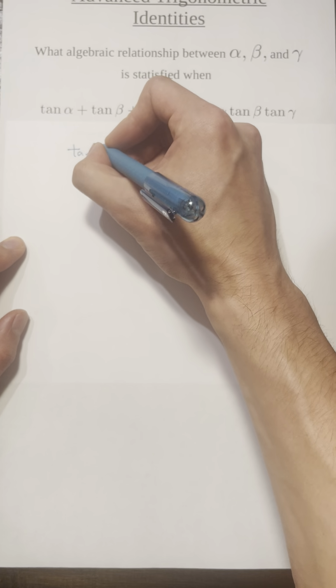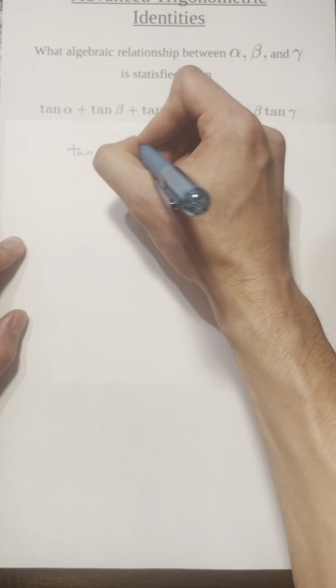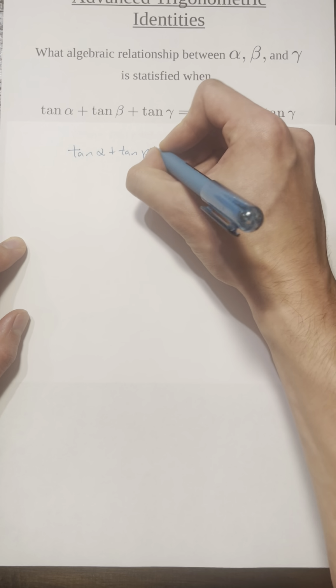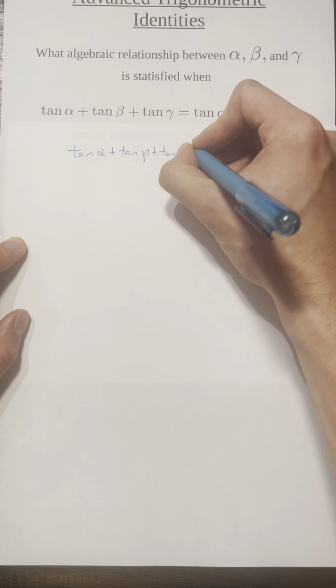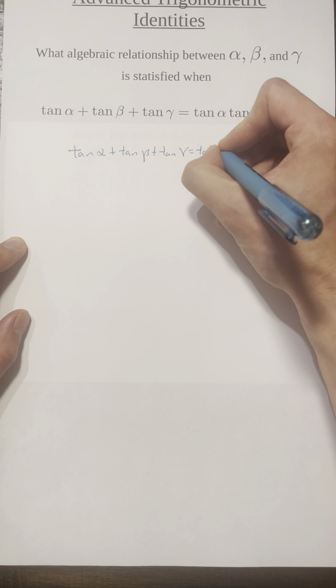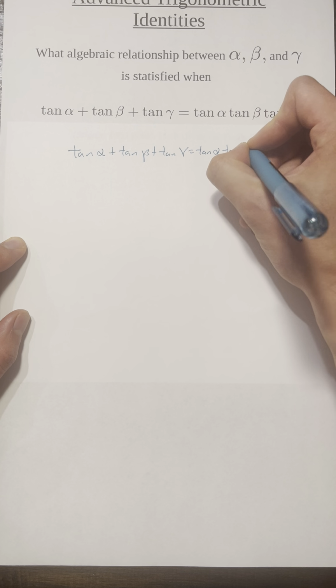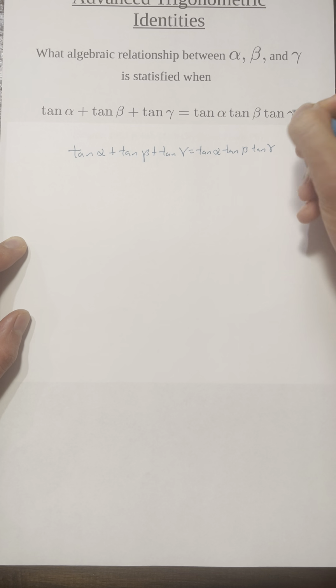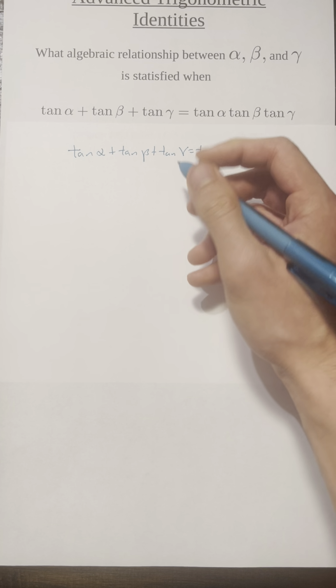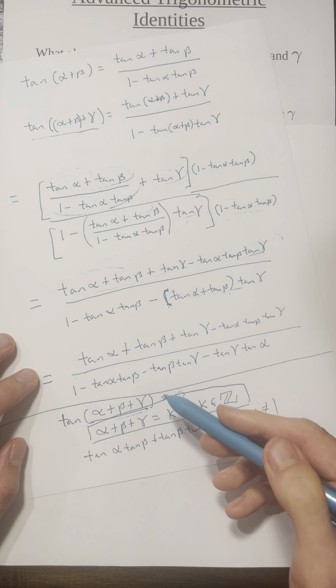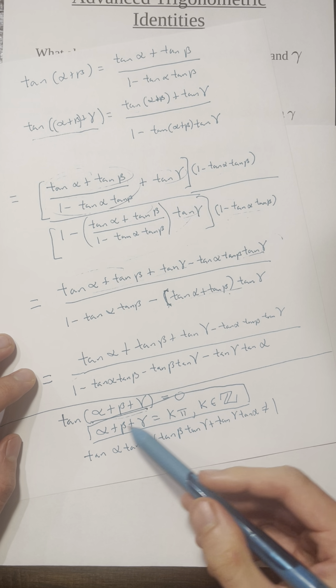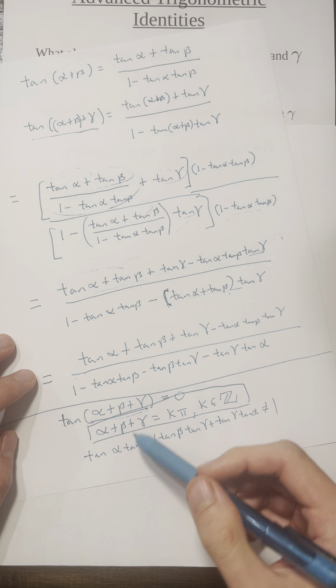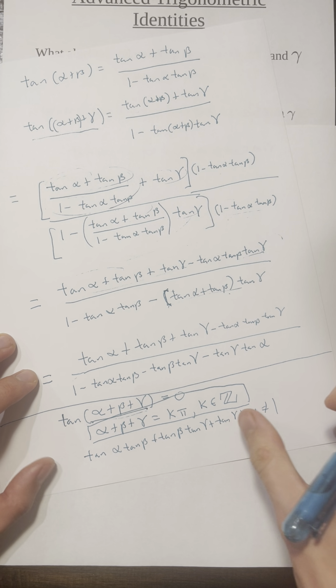Tangent alpha plus tangent beta plus tangent gamma is equal to tangent alpha times tangent beta times tangent gamma. And then also the denominator is equal to 0. So the denominator is equal to 0, so this is going to be equal to 1.